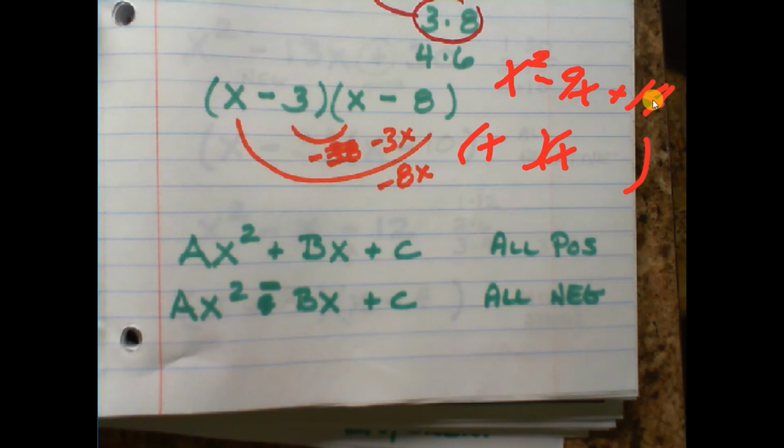Well, what are some ways to make a 14? A 2 and a 7. And if they're both negative, it works, because that gives me a negative 7 and a negative 2, which gives me a negative 9. So that worked.